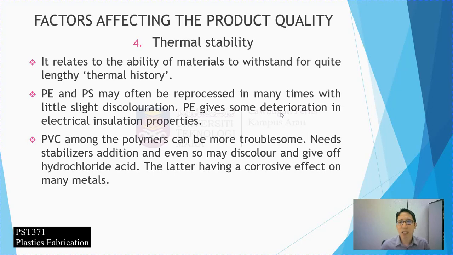Why? PE gives some deterioration in electrical insulation properties. Okay, PVC among the polymers can be more troublesome, which needs stabilizer addition, and even so may discolour and give off hydrochloric acid, the latter having a corrosive effect on many metals. Okay, the thermal stability is required.